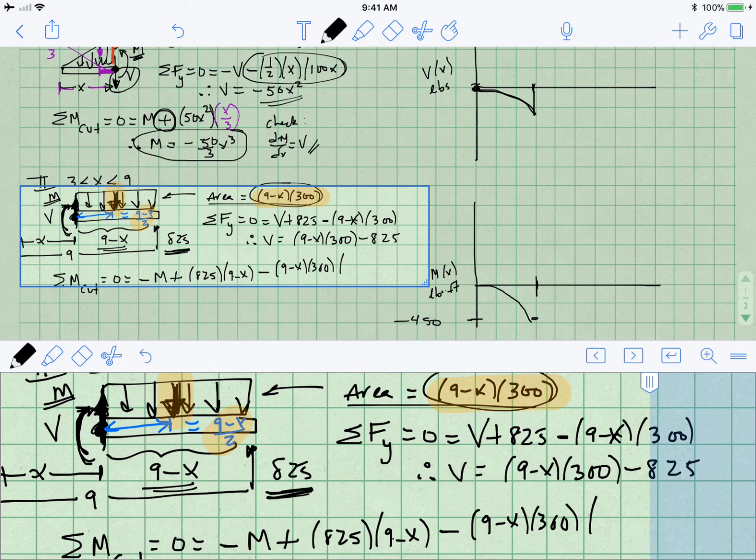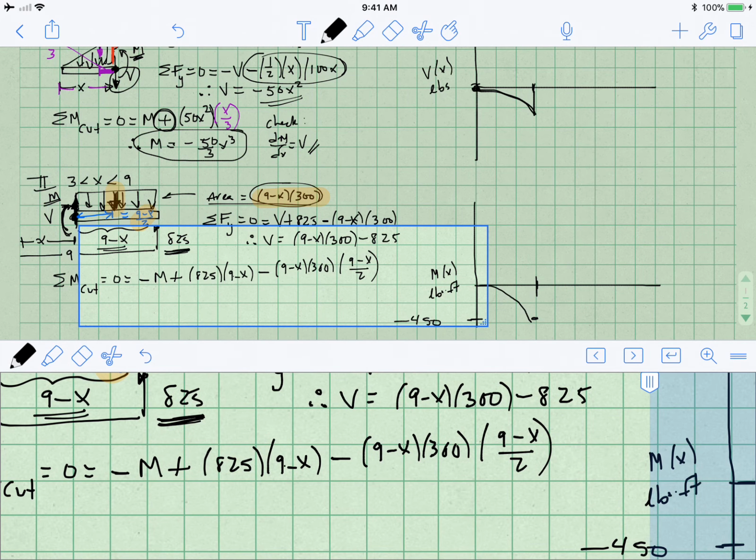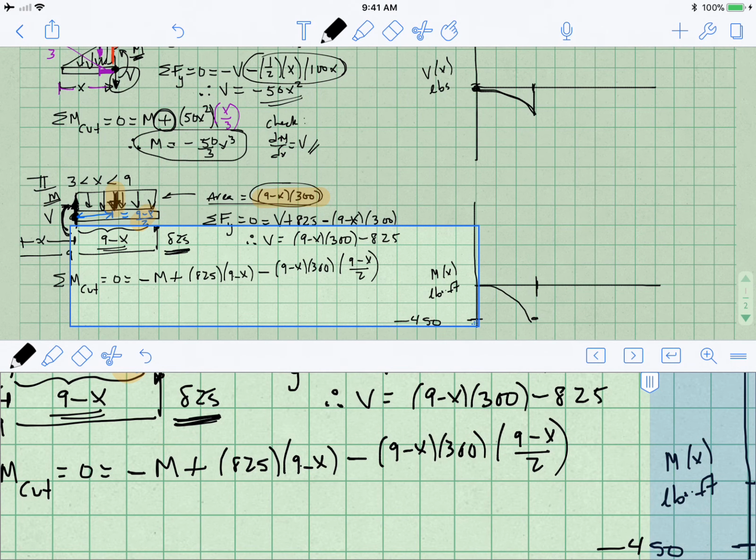It is located at a position of 9 minus x over 2. Okay, let's just solve for m. So what we get is that m is equal to 825 times 9 minus x minus 150 times 9 minus x squared.